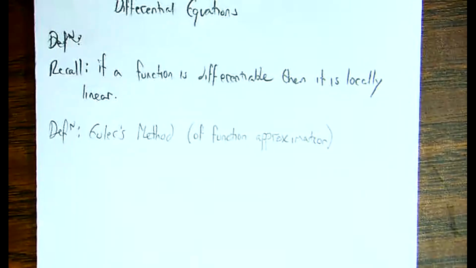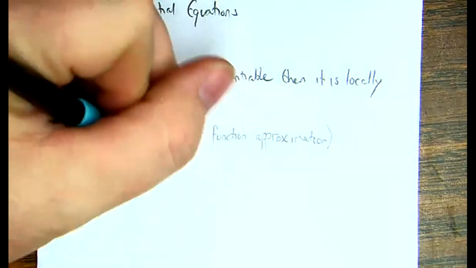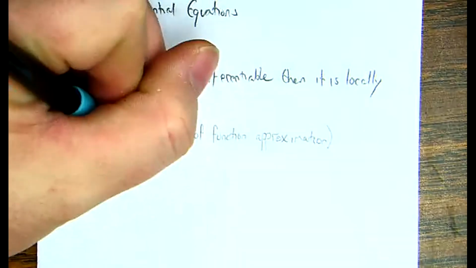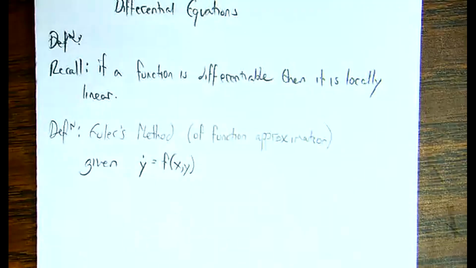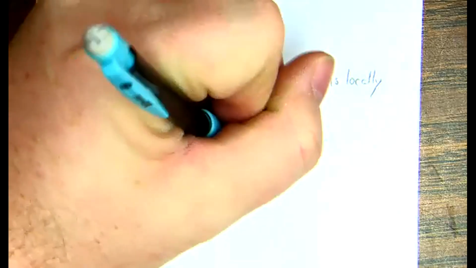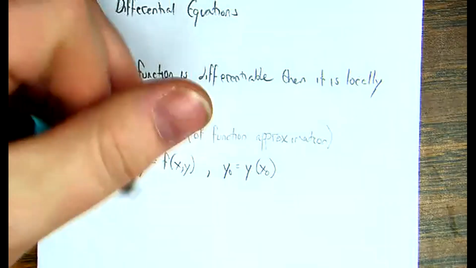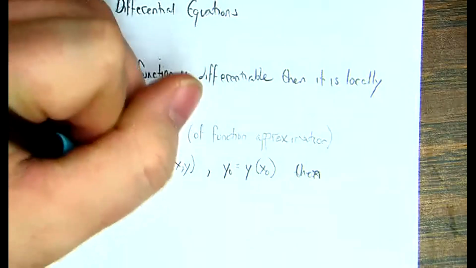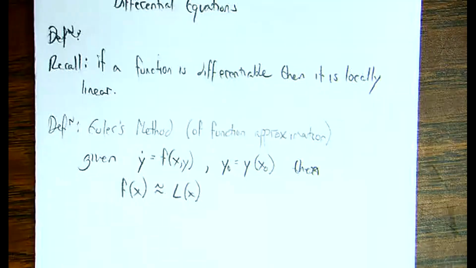Based on the idea that a function looks like its tangent line if you zoom in enough, and given that you have dy dx equal to some function of x, or some function of x and y, and an initial value, then you can approximate f using a linearization of f, where we set up the tangent line at that point.